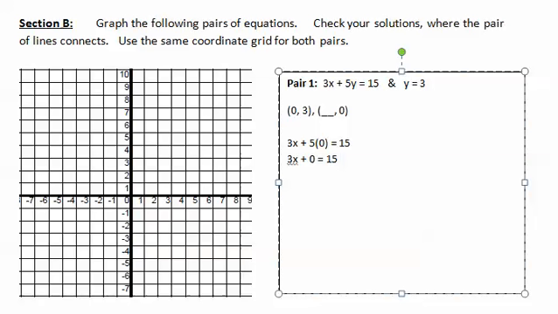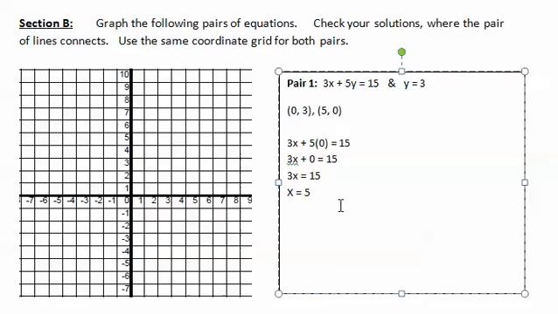Simplified even further, we have 3x equals 15. Divide each side by 3, or think of it as 3 times what number equals 15, and we know that x equals 5. So in our second ordered pair, we know that x is 5.